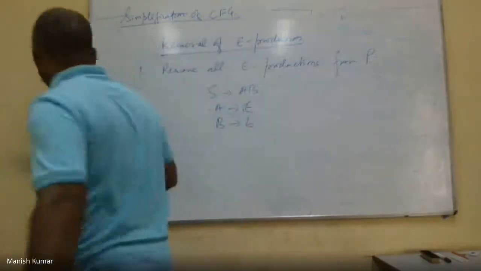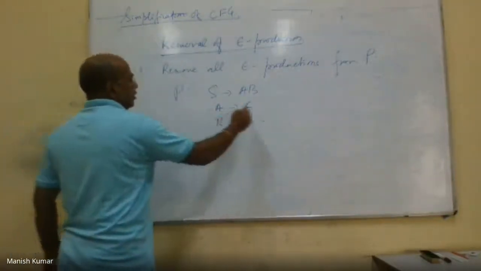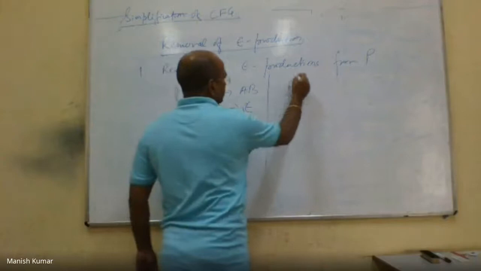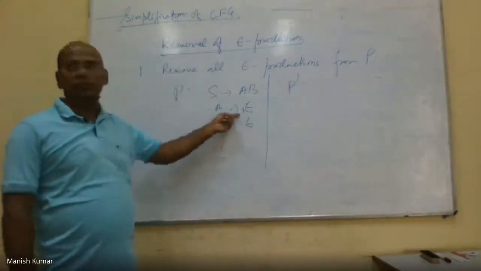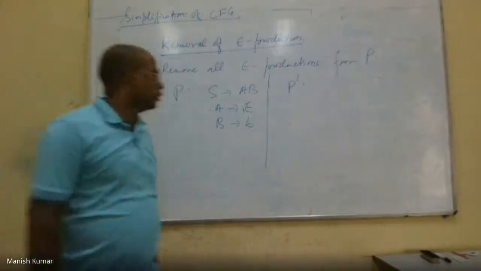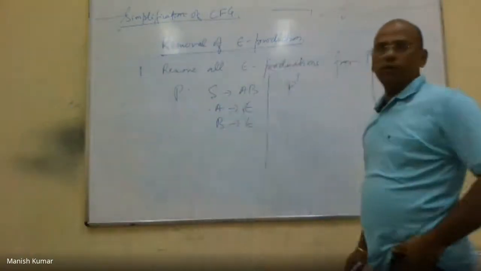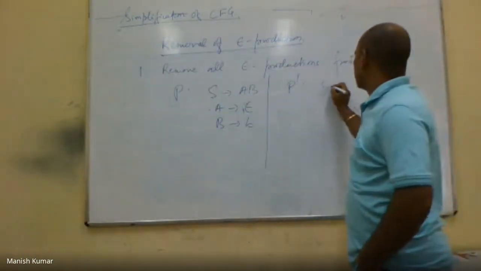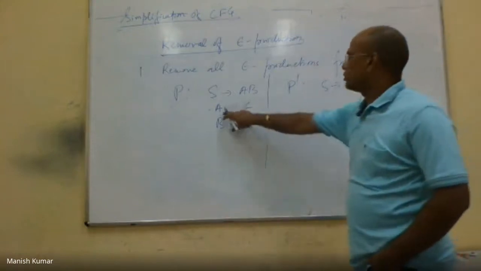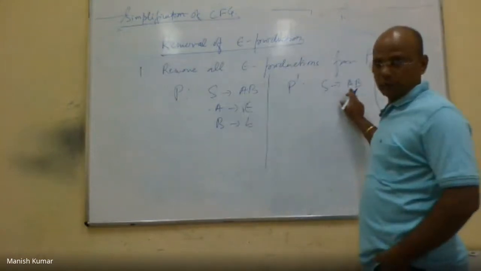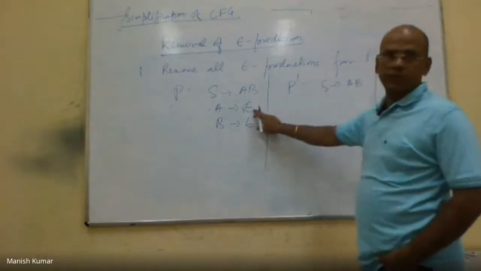Now this is your P. I'm looking for P dash, which will actually result after eliminating this. Okay. So obviously this will be there. Now since this involves A, replace A with epsilon.